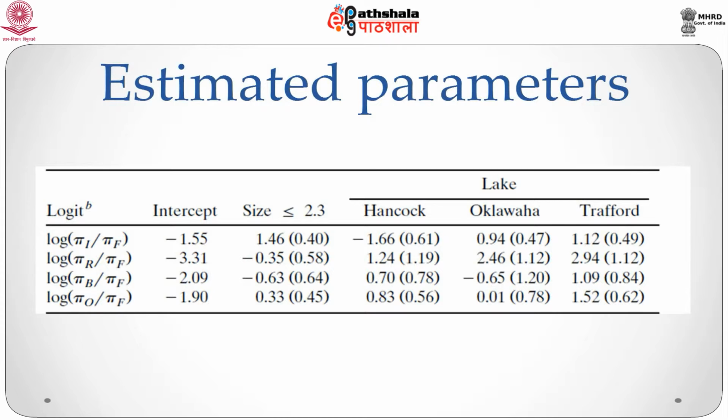To do this, we use fish as the baseline category, and using the ML estimates of the effect parameters, our prediction equation for log odds is of the form log of pi j hat by pi f hat, denoting fish, equal to minus 1.55 plus 1.46y minus 1.66 zb plus 0.94 zo plus 1.12 zy.